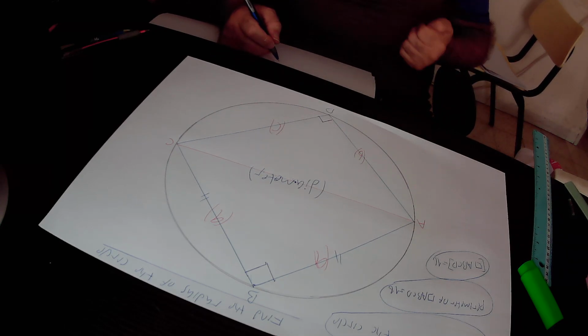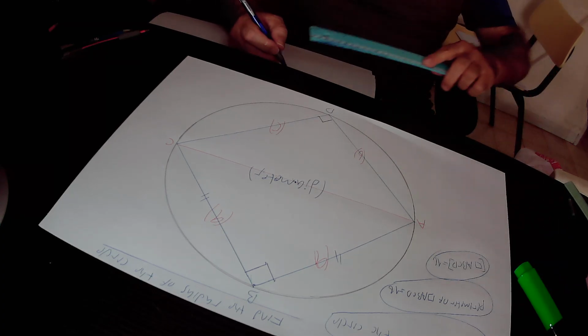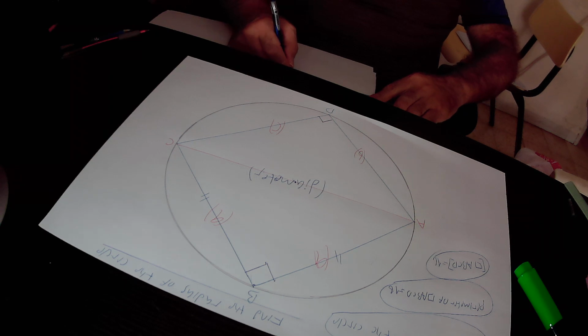BC is also A, therefore BC squared is A squared. So in total, AC squared equals A squared plus A squared, that is 2A squared.